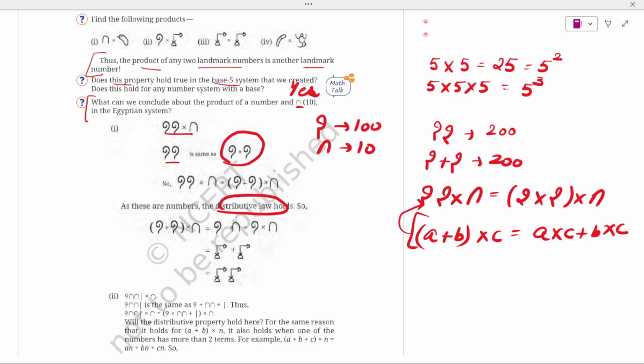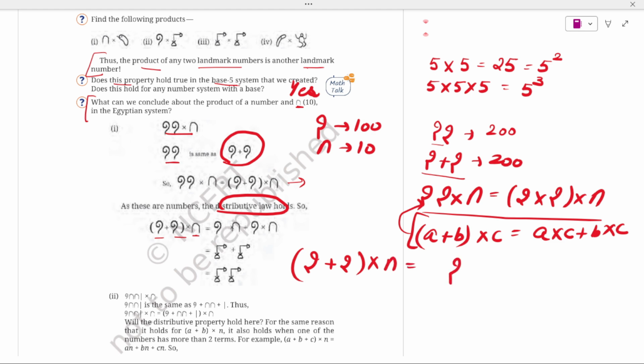It came from this Egyptian number system. The two symbols can be presented as an addition of terms, and later it can be represented like this also. So this plus this times this can be presented as this times this plus this times this.